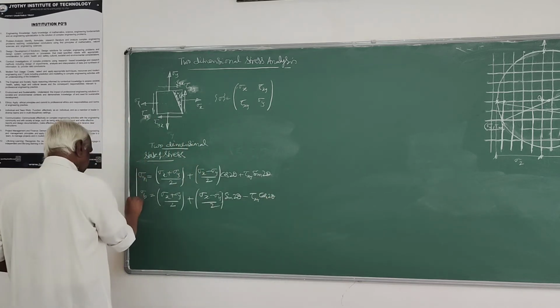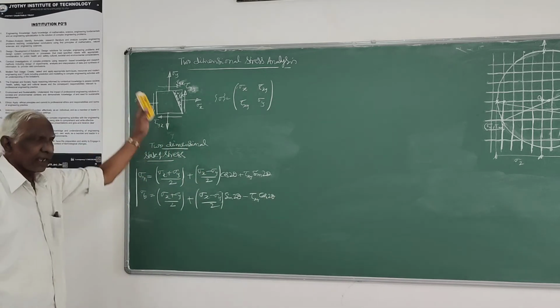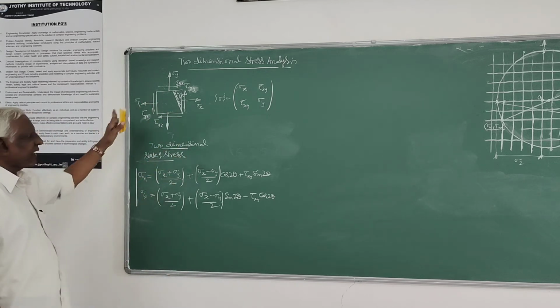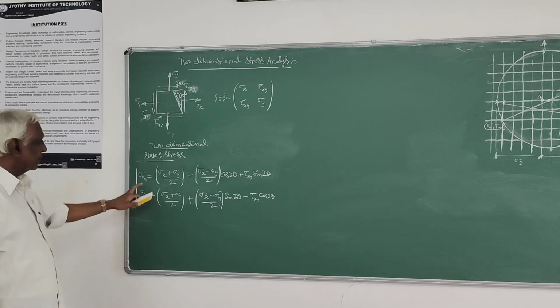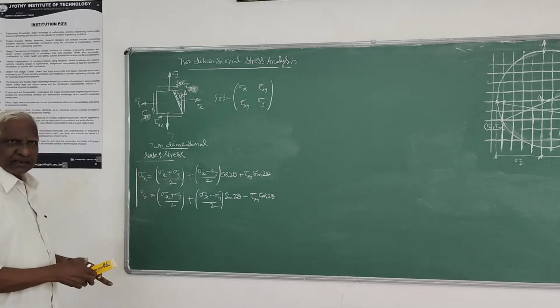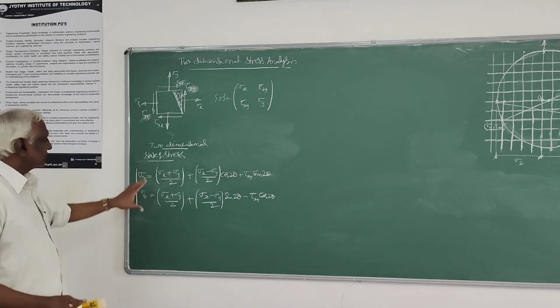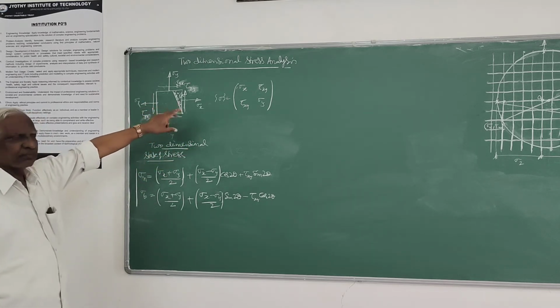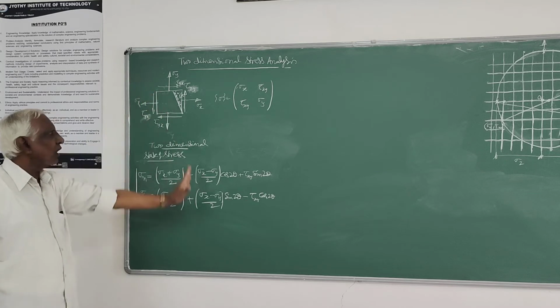So this is the state of stress on any plane within the body or within the element itself. This has already been derived in your theory. Has it been done? Yes. So this you can derive it by simple resolution of these forces on this plane.